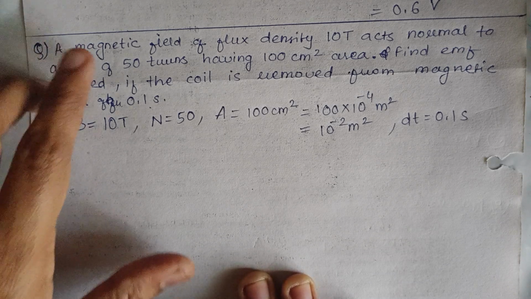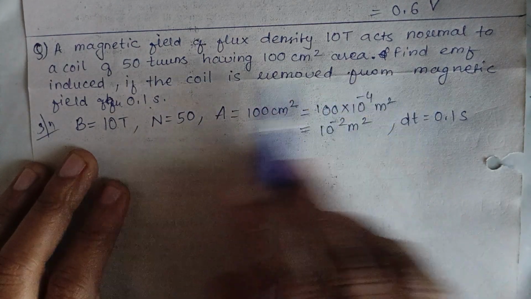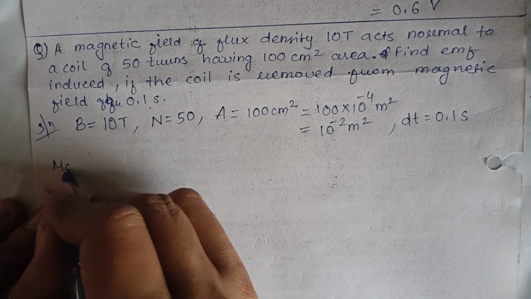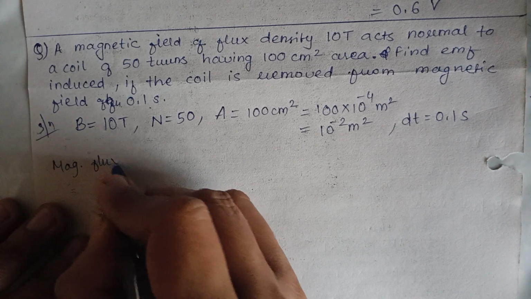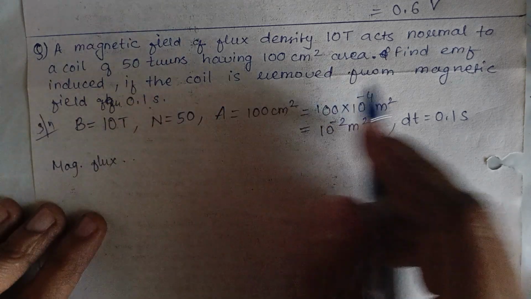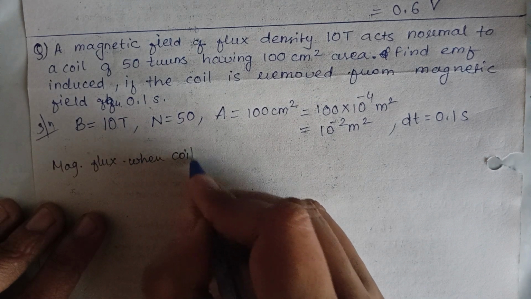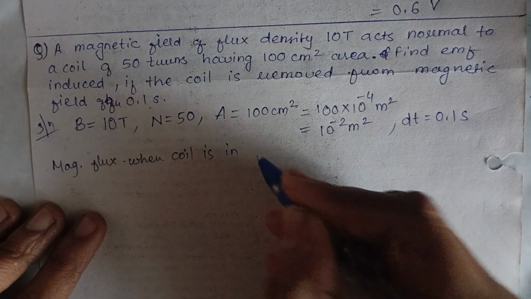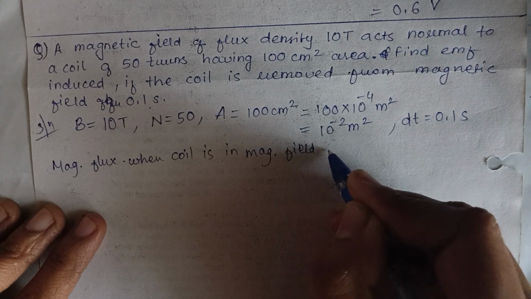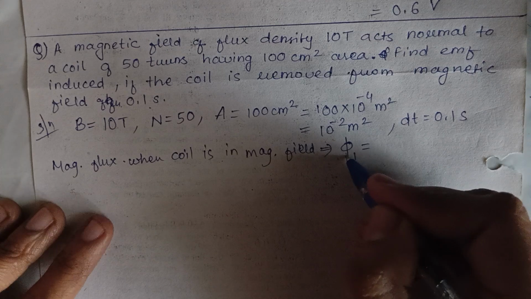So here two cases are there. First is when the coil is in the magnetic field, right? So the magnetic flux will be what? That is when it is in the magnetic field, so this becomes our initial magnetic flux.